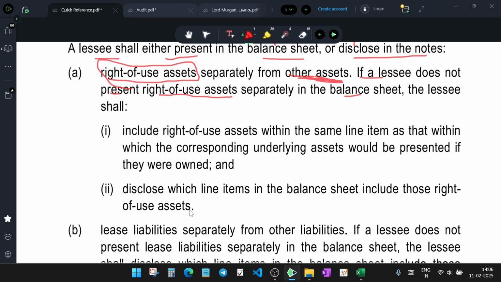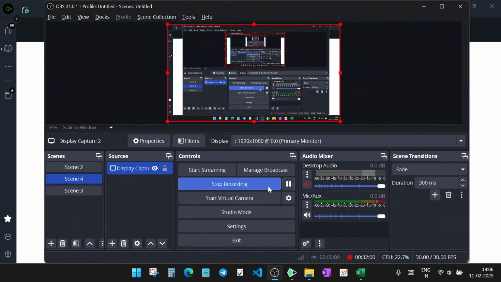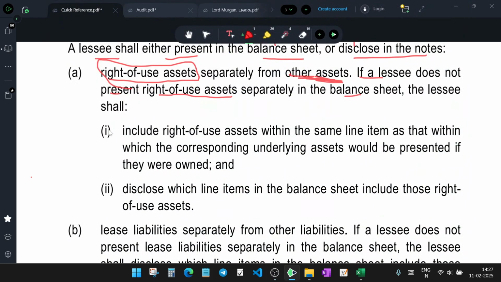So I am not showing it separately. Now what should I do? Include the right of use of asset within the same line item as the corresponding underlying asset would be presented if they were owned.